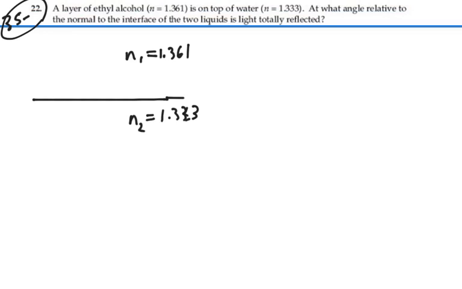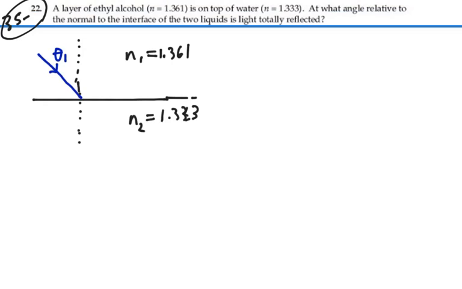However, we know for light to be totally internally reflected, it would have to go from a higher index to a lower index. So we know from that fact that the light should be originating in the ethyl alcohol headed towards the water. So we have some kind of angle of incidence, called theta 1, for this light.